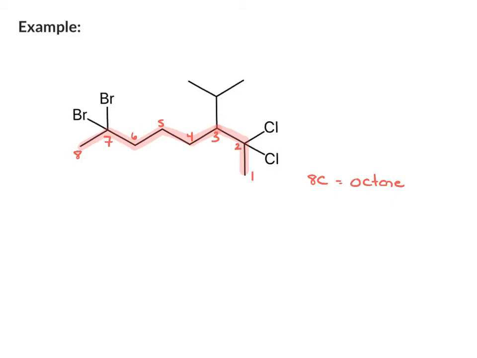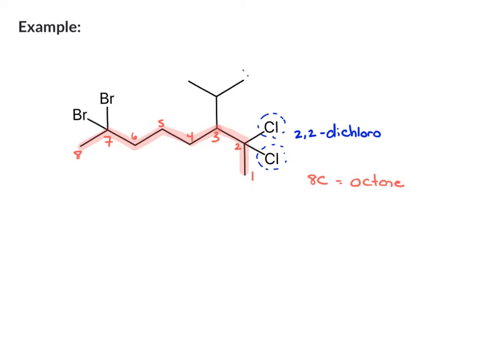Here at carbon 2, we have chloro groups. There's 2 of those, so we need to include both of them. We have 2 chloro and another 2 chloro. In order to include that, we write the number for each, even though they're on the same carbon, 2,2-dichloro. So the di tells us that there's 2 of those. If you're using the di prefix, you better have 2 numbers in front of it, even if that number is the same.